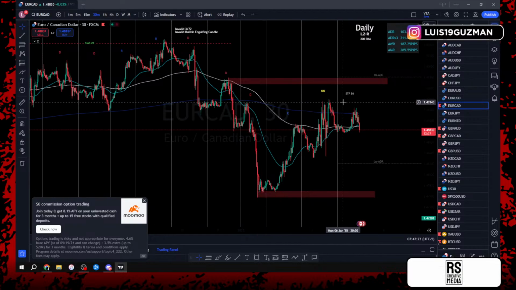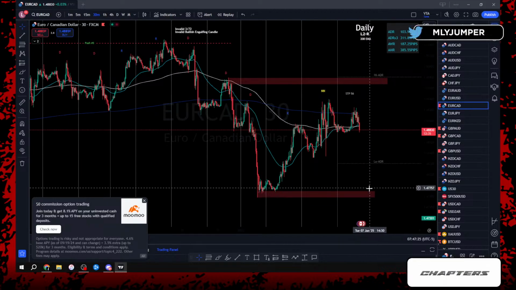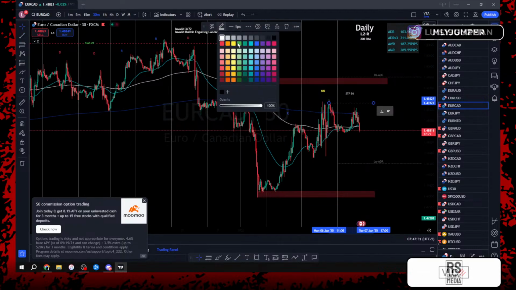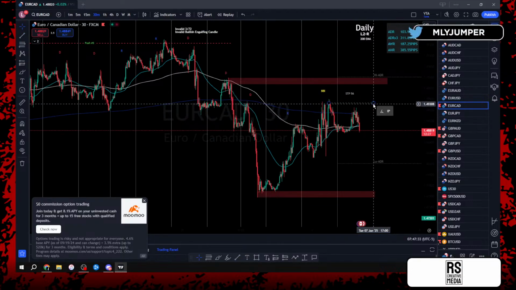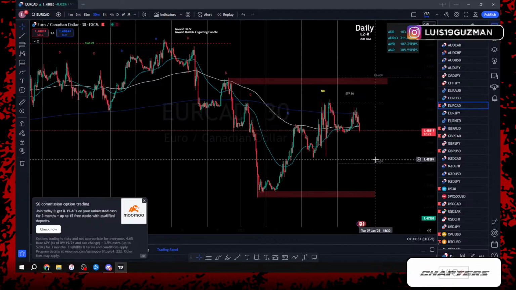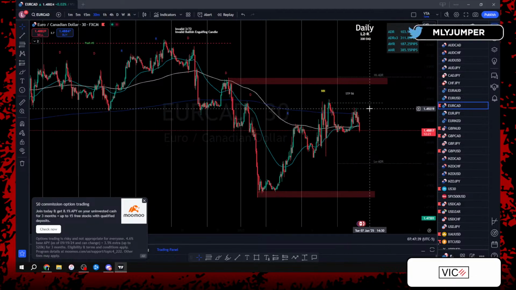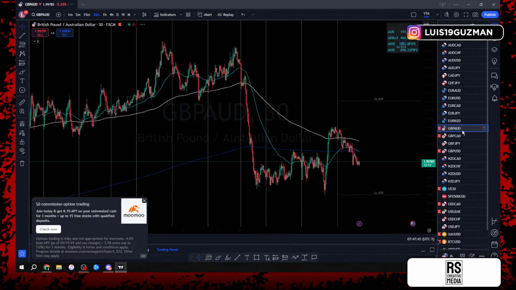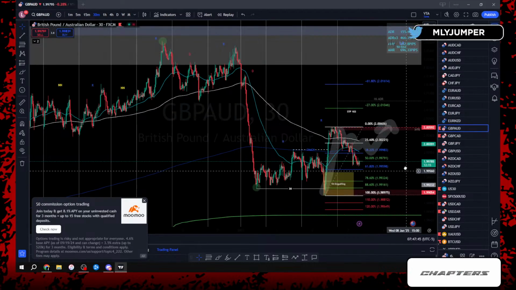Could this be the lower high for price to go down and continue to give us a lower low? Absolutely. And the point where I want to see price break is going to be these highs over here, above the 800 EMA, above the previous high that was set for the week, which was yesterday. So if price doesn't break these highs, no trade. So right now for Euro CAD, just taking a step back, and we'll go to the next one.